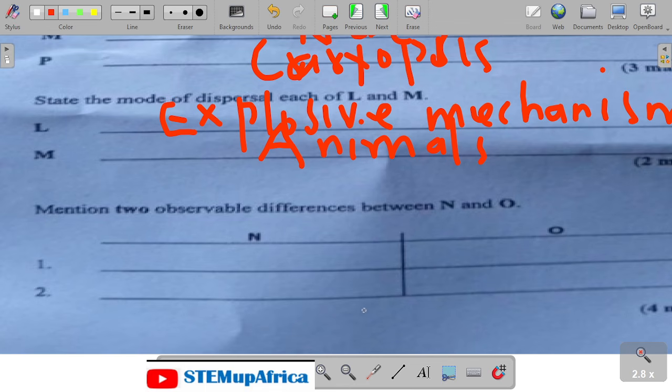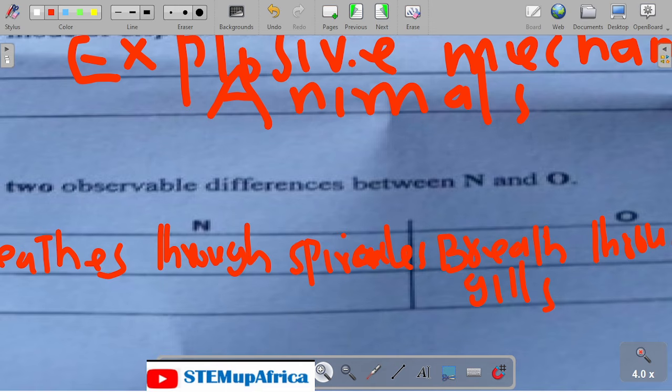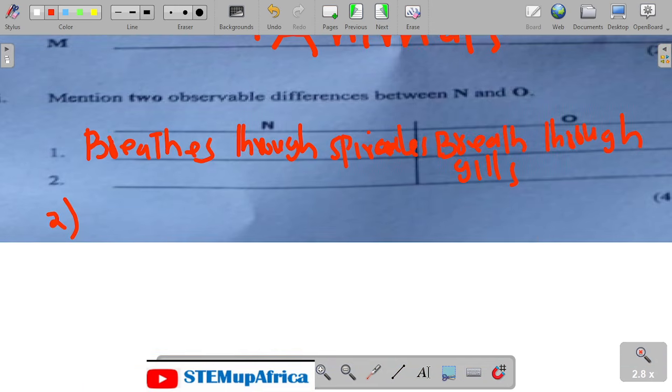One, N breathes through the spiracles, while O breathes through the gills. Number 2, N's legs range from 40 and above.